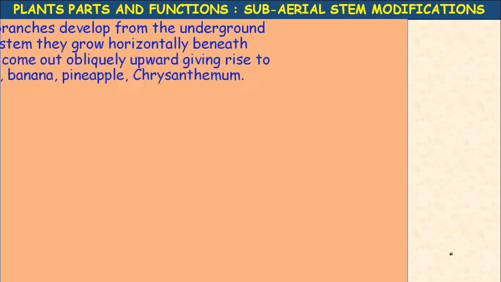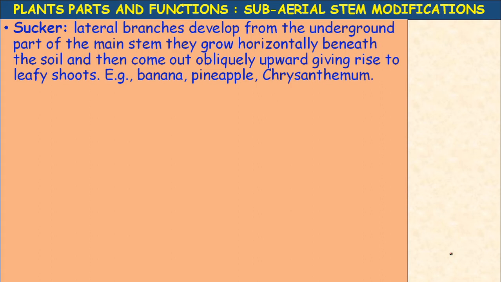Next subaerial stem modification, suckers. Sucker is actually an underground modification also, we can consider. Here the suckers are the lateral branches developed from the underground part of the main stem.